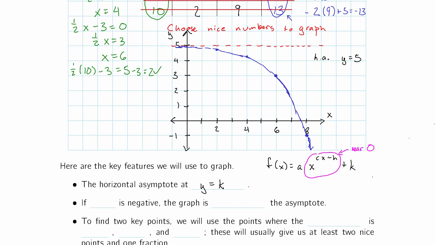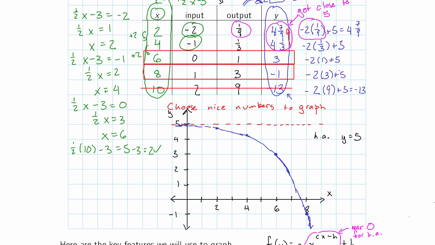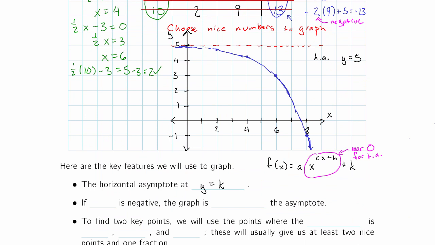And so we have 0 plus something. And then in our example, the graph was upside down. It was below the asymptote. And the reason that that happened is that this term was negative. Right, so we were adding something negative to our 5. We ended up with numbers that were all less than 5. So the reason that that happened was that our a is negative. When our a is negative, our graph will end up living below the asymptote.